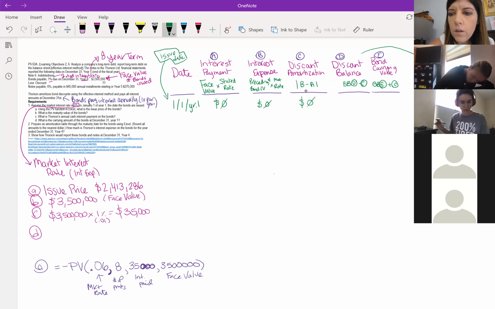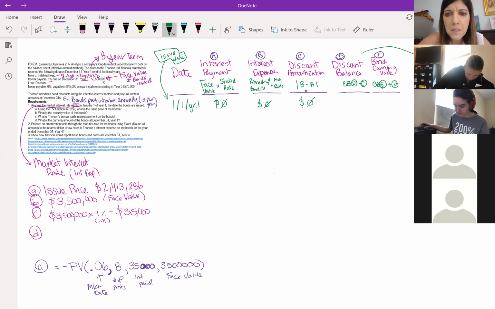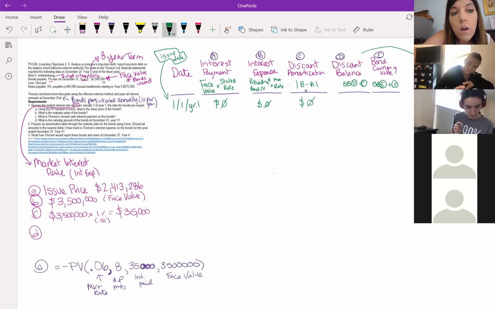So the discount balance, discount on bonds payable, is how much less cash we received than what we're going to have to pay back at maturity. It's a substantial discount because we're paying 1% versus the market paying 6%. So 5% annually is being paid out lower than what similar bonds were paying.